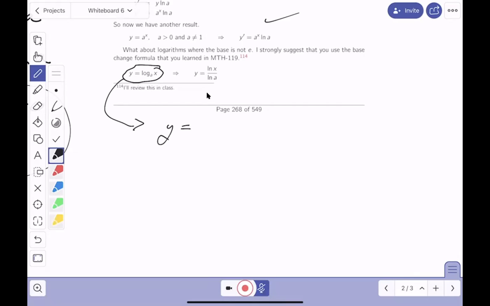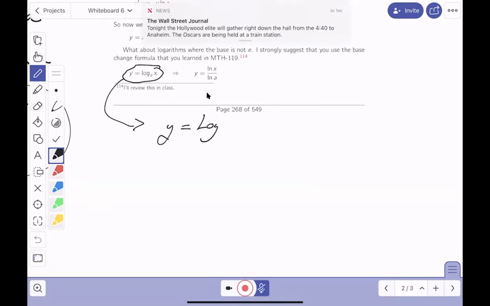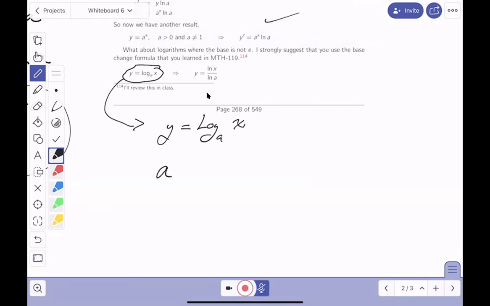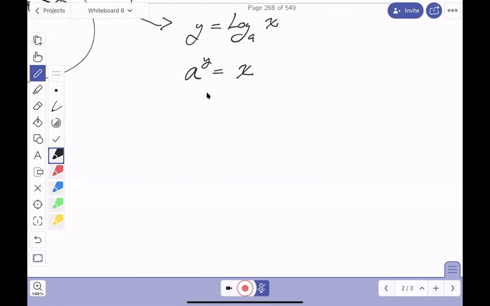So if y equals the log base a of x, what I'd like to do is rewrite it in familiar terms. What would I get? a to the y is equal to x. Well, gee, this is familiar. I'm going to take the natural log of both sides. So the natural log of a to the y is equal to the natural log of x.